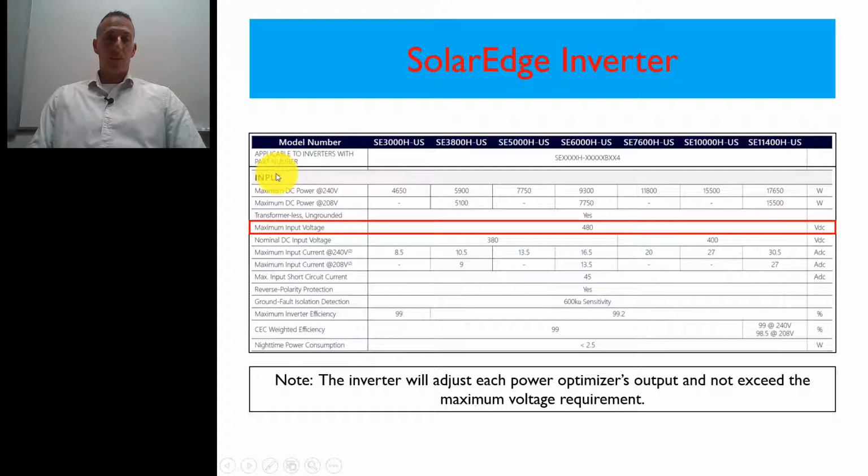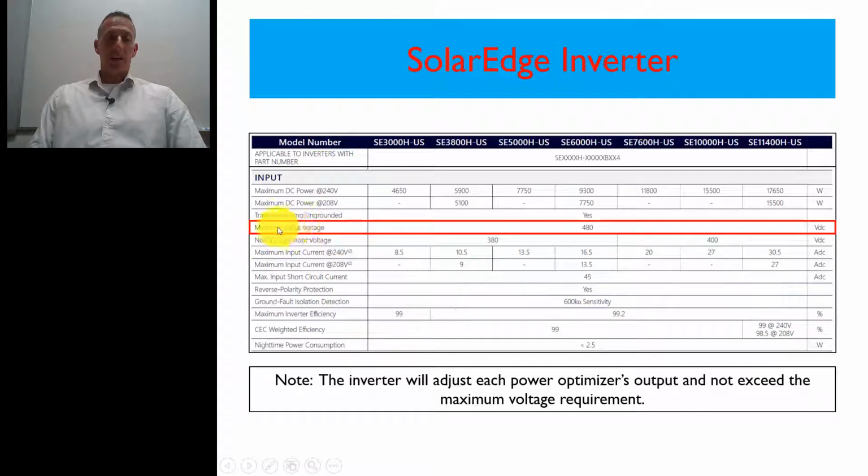This is the input information right here. It tells you the different wattages related to the different voltages we're dealing with. So you have to match up your inverter with a specific voltage, and then it tells us what the input wattage would be. The other information that we're interested in right here is the maximum input voltage.